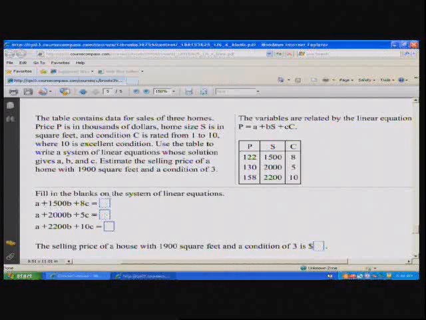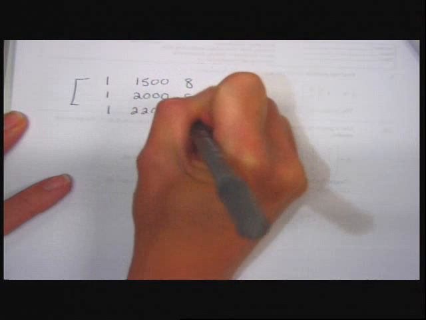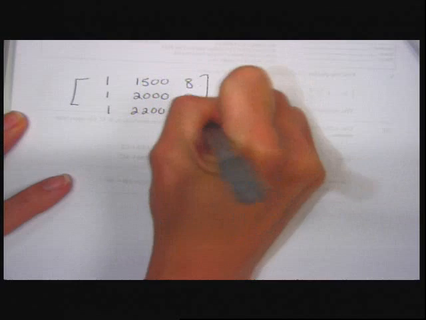So the matrix equation that we will create will look like this. We'll have 1, 1,500, and 8, and then we'll have 1, 2,000, and 5, and then we'll have 1, 2,200, and 10, right?